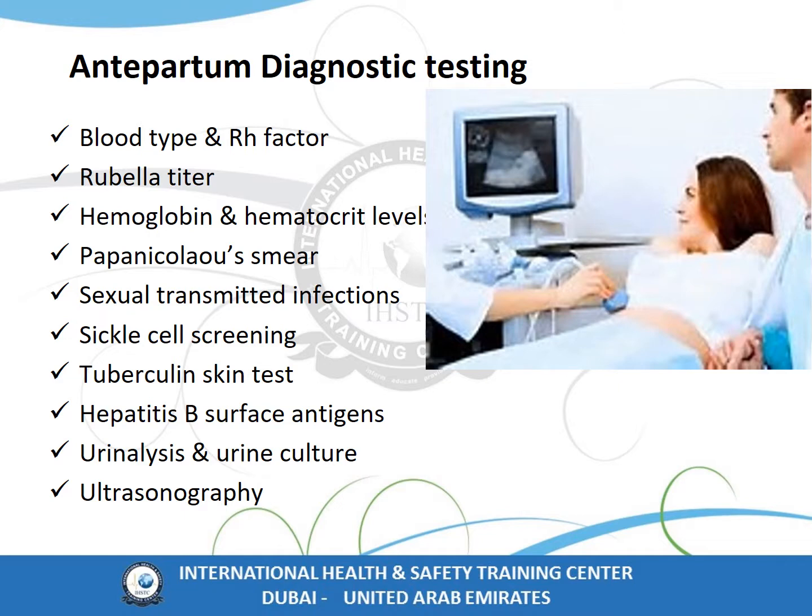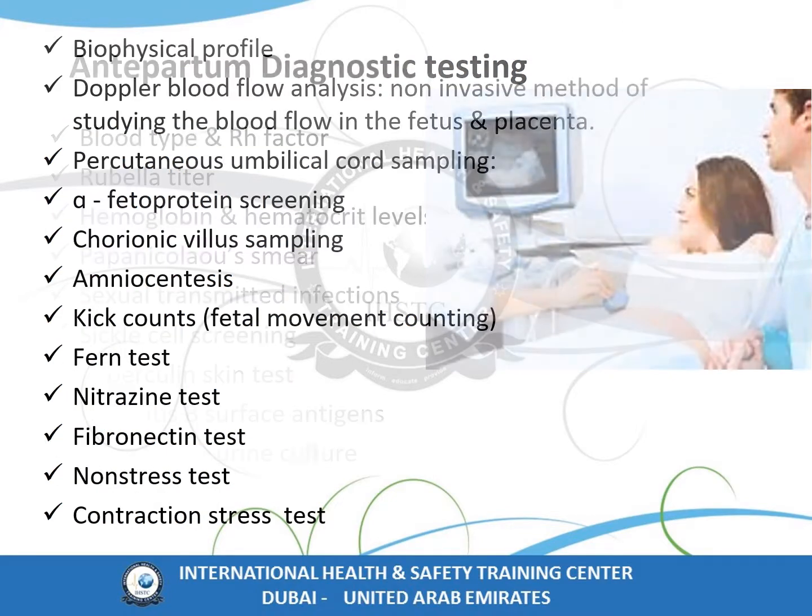Certain diagnostic testings are blood type and Rh factor, rubella titer, hemoglobin and hematocrit levels, the pap smear, sexually transmitted infection screening, sickle cell screening, tubercle skin tests, hepatitis B surface antigens, urine analysis and urine culture, ultrasonography.